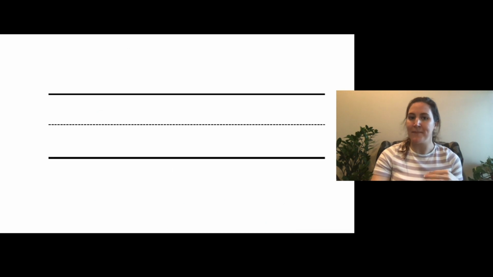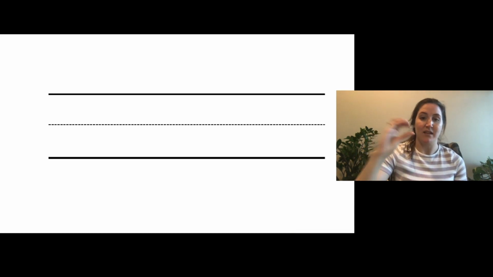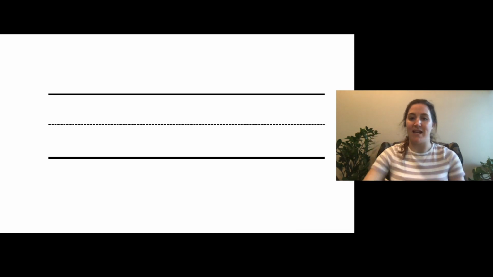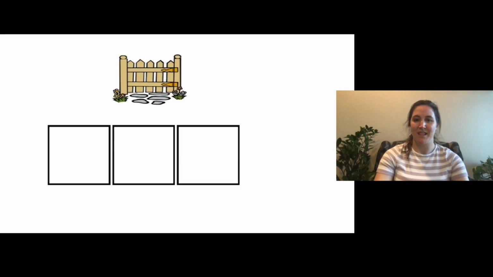Great job tapping. Now you can write it on your paper. It starts with a k, k, C, cat, k, not a K, C. Write it. Cave. Okay, let's do the next one.